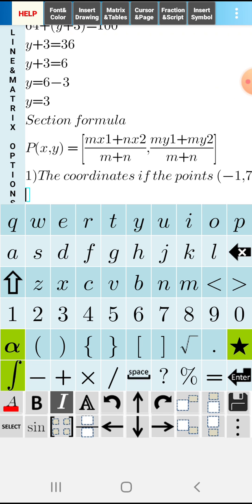So let's take the ratio 2:3 as m is equal to 2 and n is equal to 3.